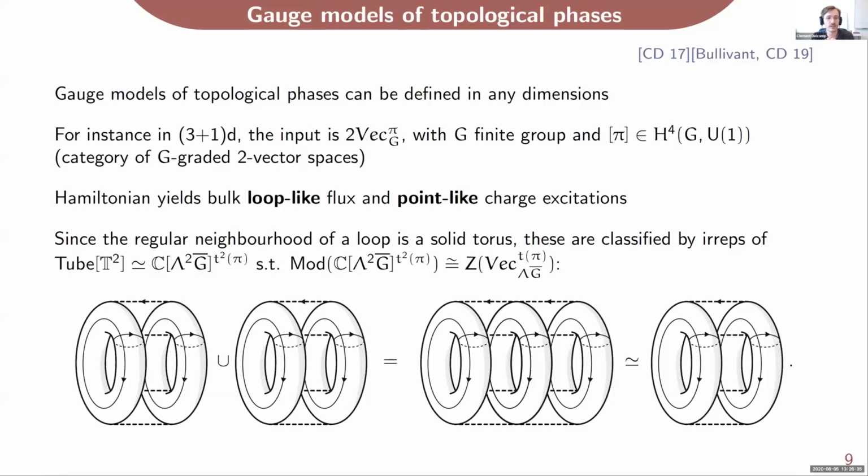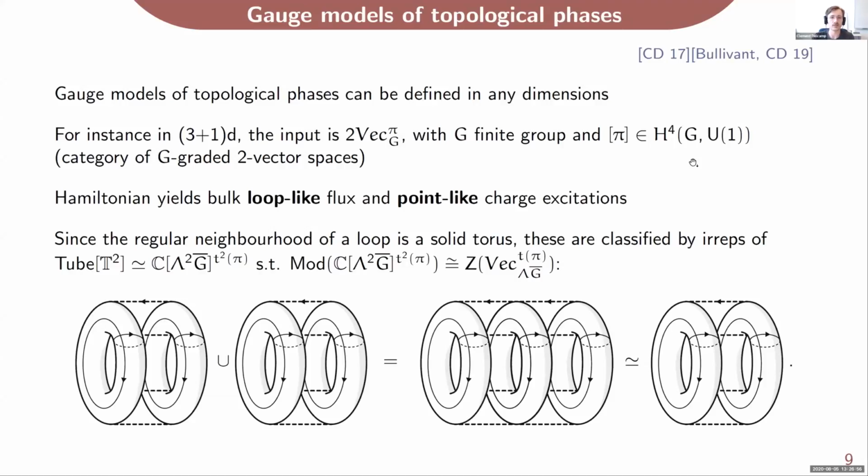Now the difference is that since the excitation has the topology of a circle, whereas before it had the topology of a point, the region for which the energy will be higher than the ground state will now have the topology of a solid torus, which is like a regular neighborhood of my loop.